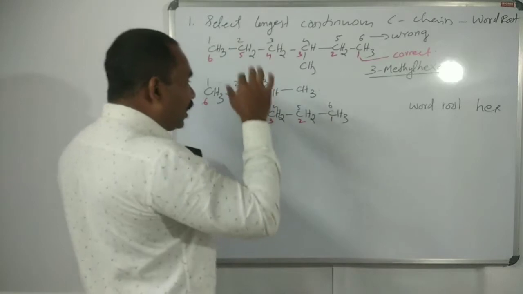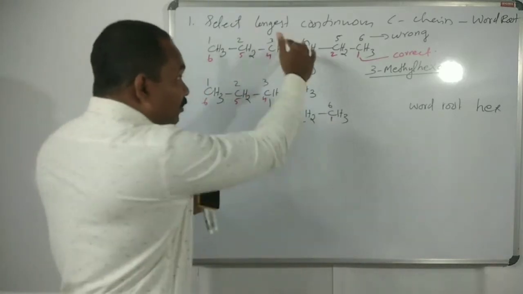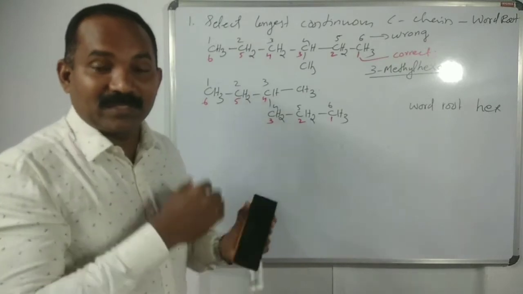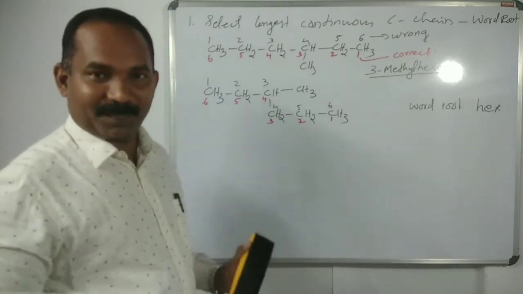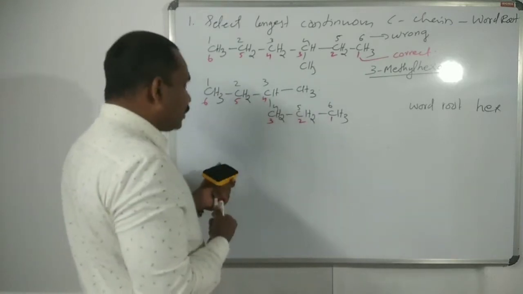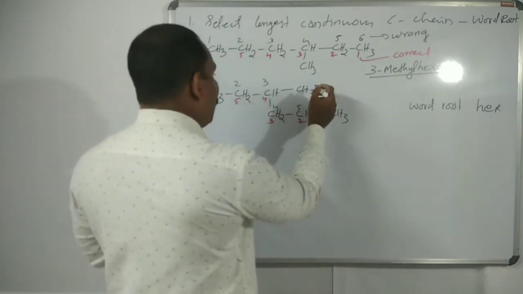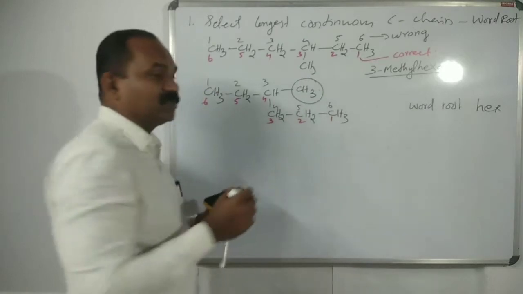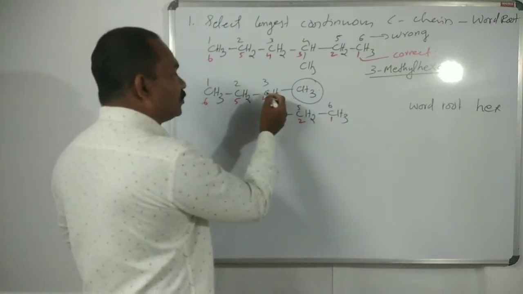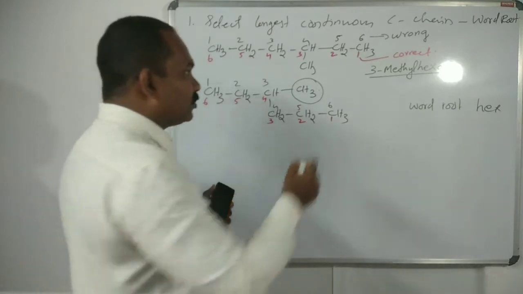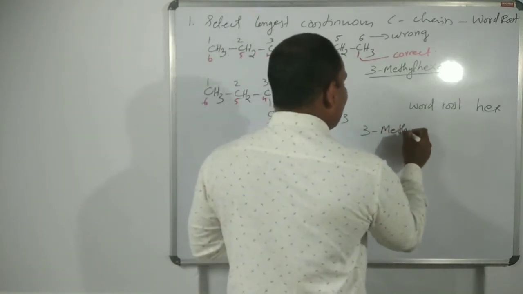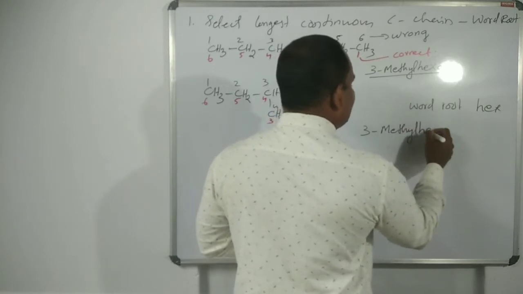Why? It is the same molecule written in a different manner. Numbering 1, 2, 3, the third carbon atom has one substituent. From right to left, the fourth carbon atom has the substituent. The name is the same, 3-methyl hexane.